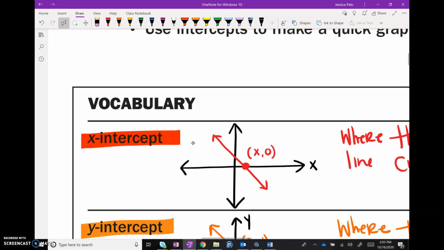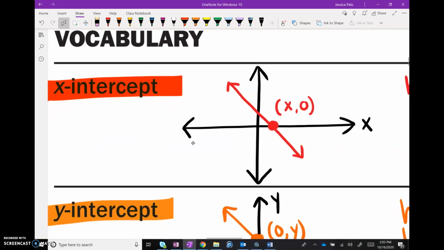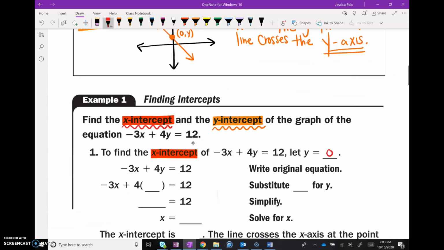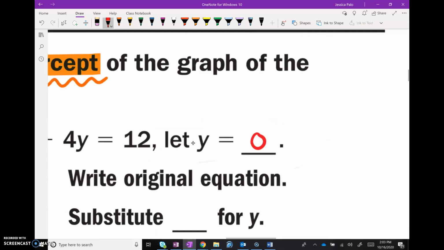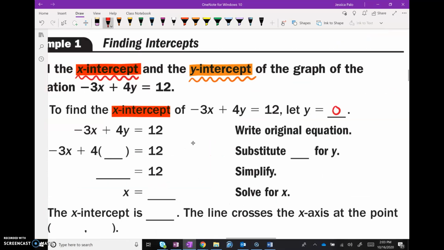Remember, when we're finding the x-intercept, y is always going to equal 0 because we are only looking on the x-axis where y always equals 0.